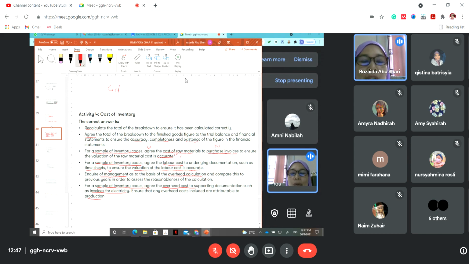So look at the electricity bill: which part goes to the production and which part goes to the office. So you will look at the apportionment of the bill. So that's how the audit procedure for the cost of inventory works. You must know that there are 3 types of cost: direct cost, prime cost, one overhead, and one other overhead.